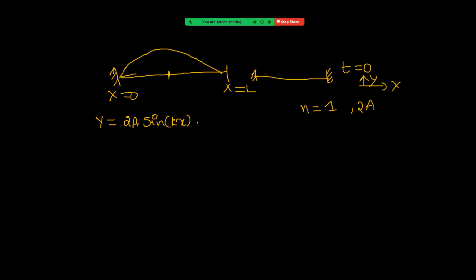Coming to omega t. When t equal to 0, the point corresponding to the antinode is at the mean position. That means at t equal to 0, the displacement must be 0. And that happens when we take sin omega t.